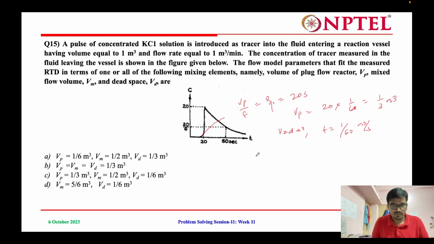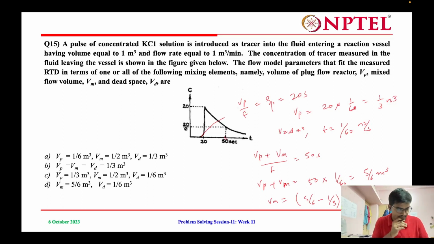Now Vp plus Vm divided by F equal to 50 seconds. So Vp plus Vm equals 50 into 1 by 60, which is 5 by 6 meter cube, right? So Vm equals 5 by 6 minus 1 by 3 equals 1 by 2 meter cube, right?